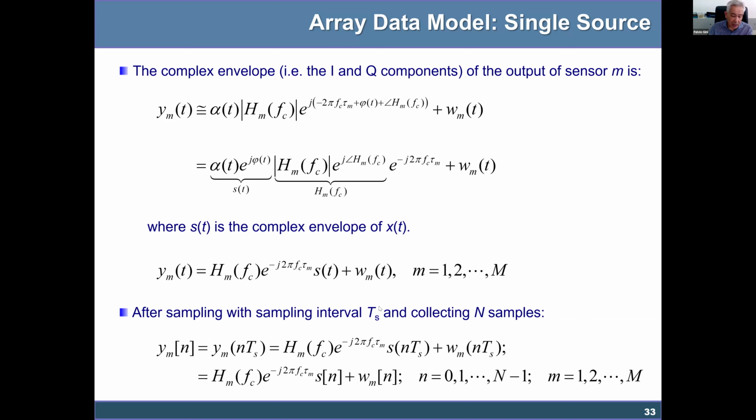We sample at interval Ts, where Ts is the sampling interval, and we collect N samples. So Ts multiplied by N is the observation interval. During the observation interval, we collect N samples by sampling at intervals Ts.